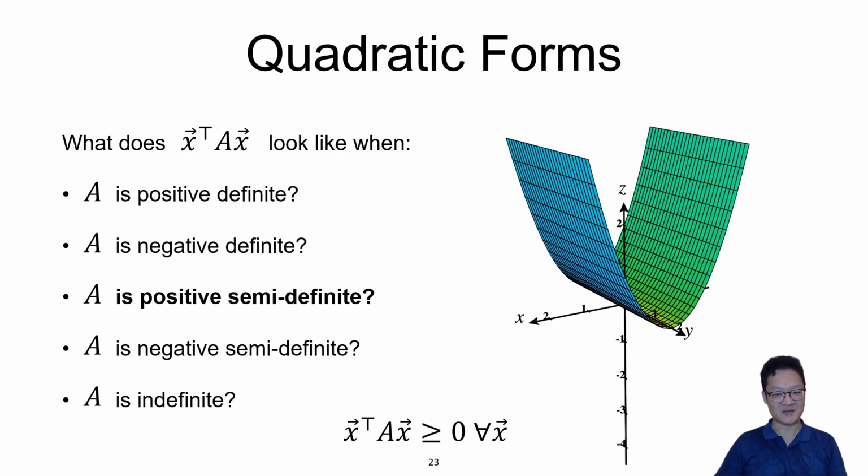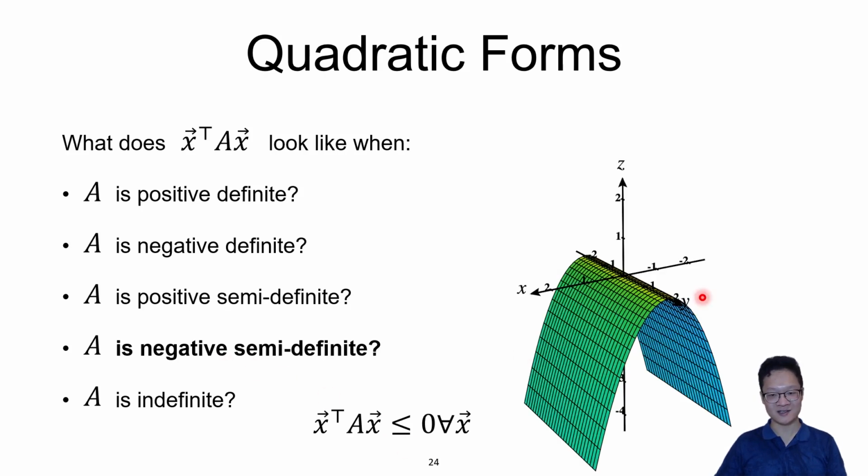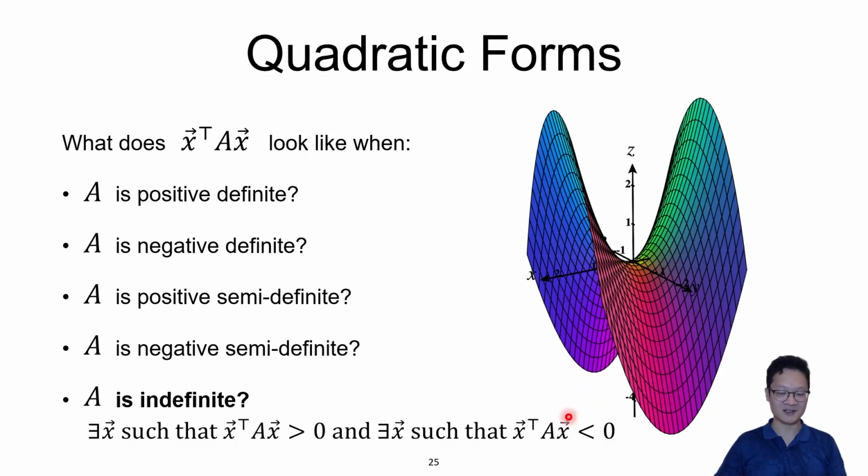When A is positive semi-definite, overall it opens upwards, but there could be some directions that are flat. Similarly for negative semi-definite, it opens down in general, but in some directions it could be flat. And for indefinite, in some directions it opens up, and in other directions it opens down.